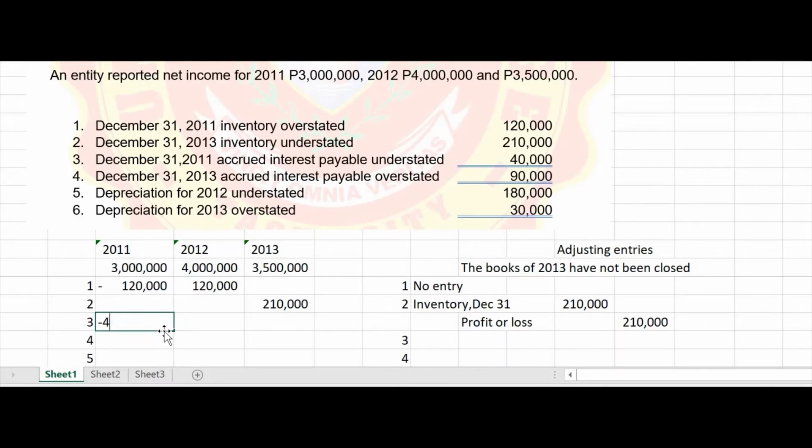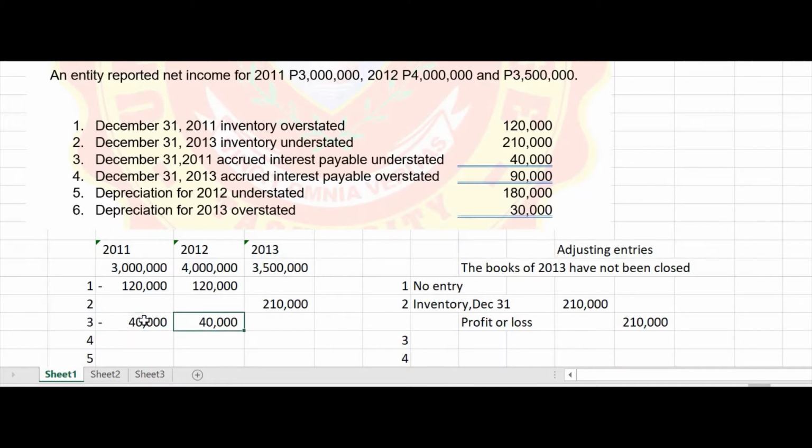Okay, so if overstated siya by 40,000 for 2011, since this is counterbalancing, it would understate also your net income for 2012, kasi ma-overstate yung expense. Kasi you will recognize expense in 2012, the moment you pay the expenses, kasi you have not accrued it in 2011.